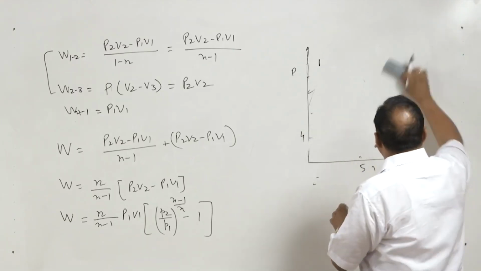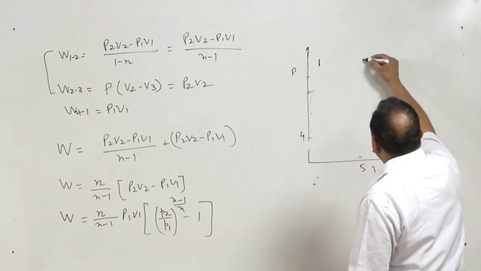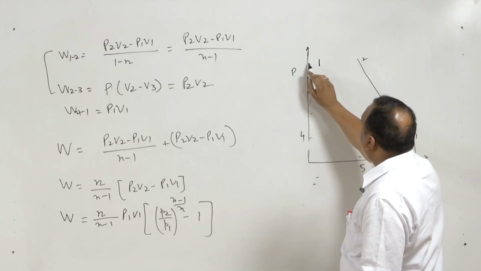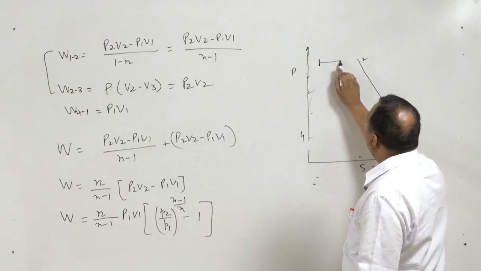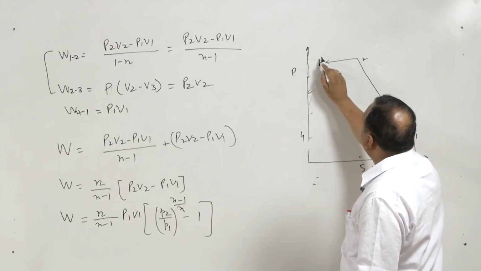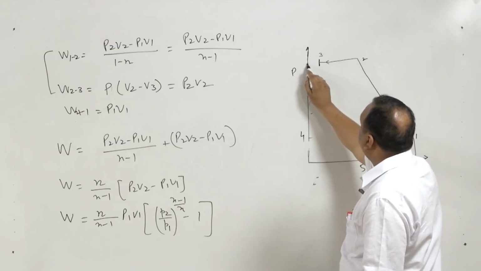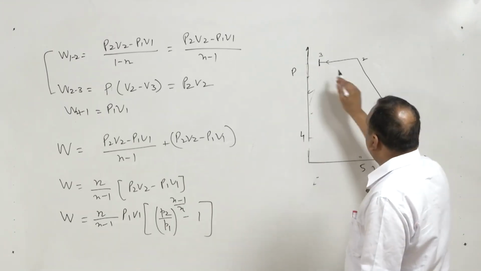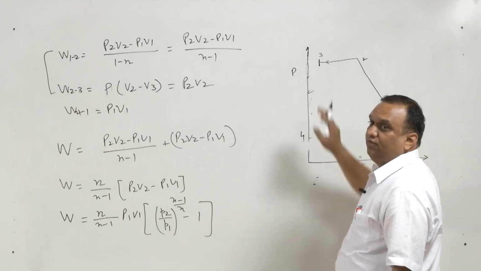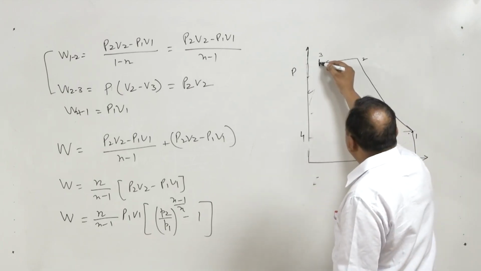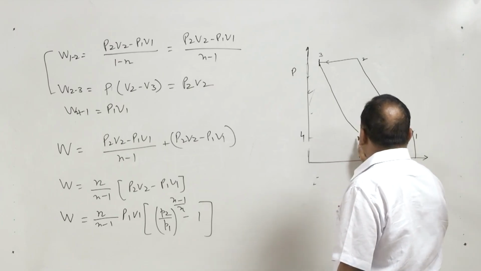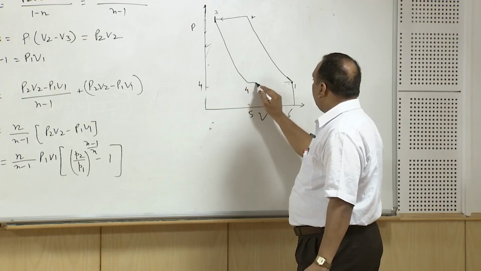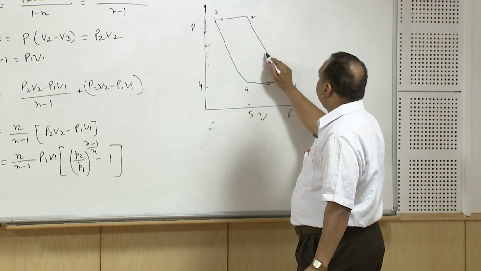So the compression process remains the same from state 1 to state 2, but instead of reaching up to here, the stroke terminates at state 3 and some clearance is provided between the piston head and the cylinder head. Here we have compressed gas which could not go out of the compressor, so the expansion of this gas takes place. State 4 is attained, and after attaining state 4, the intake or suction of vapor takes place.